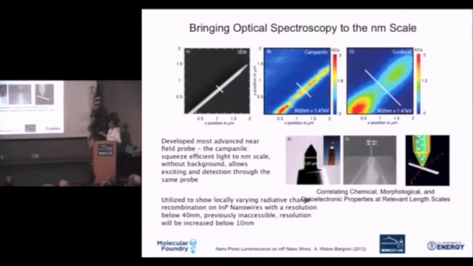Here's one of the developments from our nanoimaging facility, a project from Jim Schuck and Alex Weber, where they developed an advanced near-field probe they call the Campanile that squeezes light to a nanometer scale and allows you to acquire data without background and allows excitation and detection through the same probe, so that something that you see with SEM in this way, you can actually look at it and see the heterogeneity of this indium phosphide nanowire through this innovative probe.